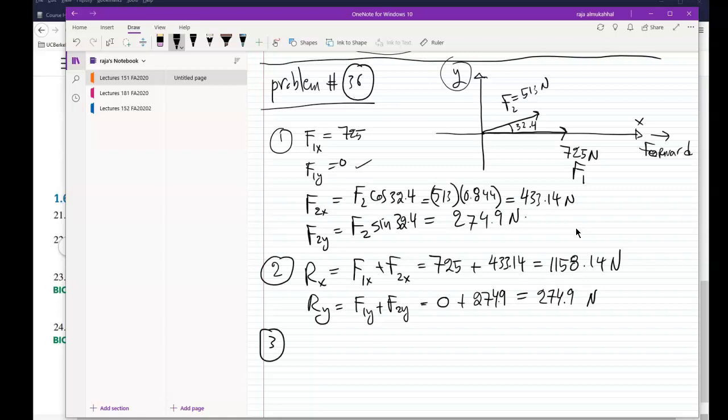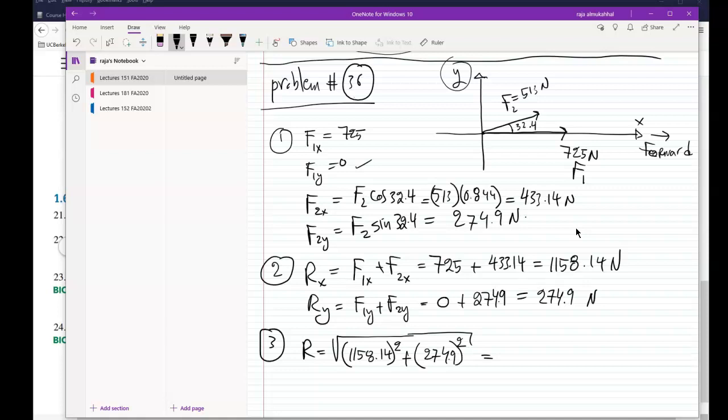Step number 3, what is it? I want to find the magnitude, R, which is the Pythagorean. 1158.14 squared plus 274.9 squared. And then I'm going to use my calculator again. Go ahead and use yours.